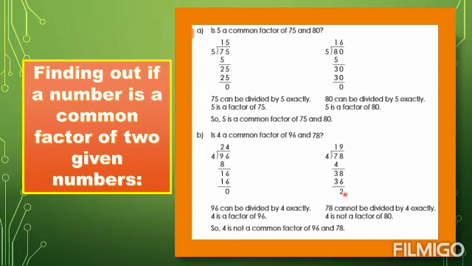The answer is no. Why? Because 78 cannot be divided by 4 exactly. So 4 is not a factor of 78, simply because there is an extra number here. There is a remainder. If a number has a remainder, that means it is not a factor of that number. So 4 is not a common factor of 96 and 78.